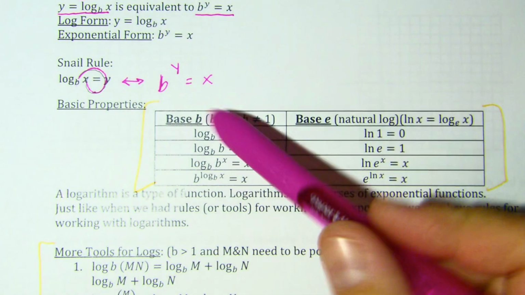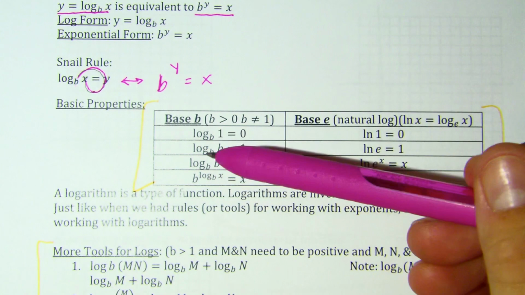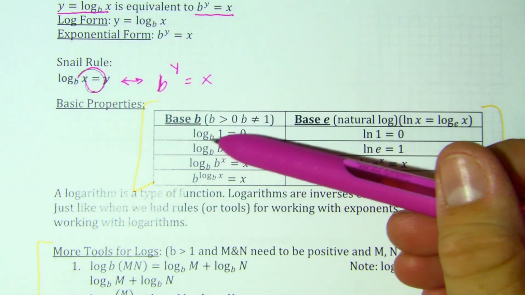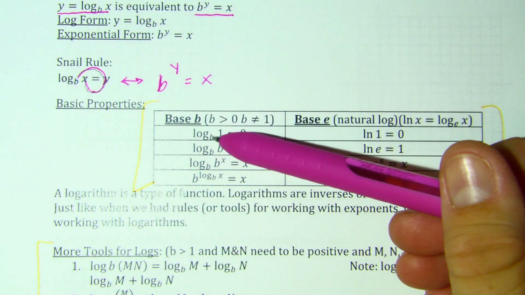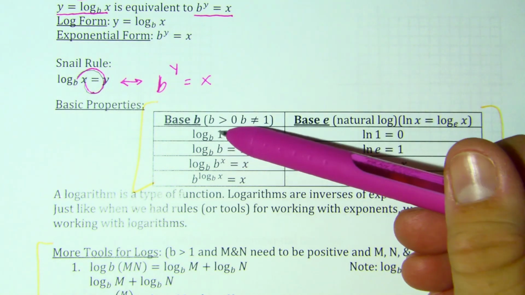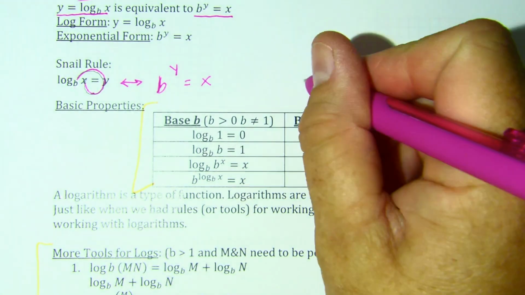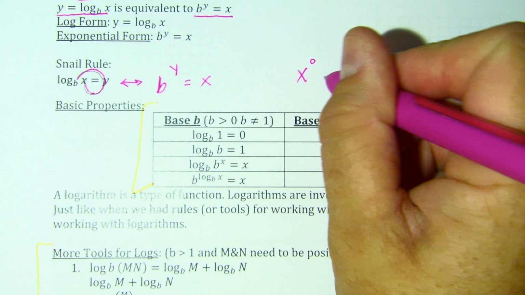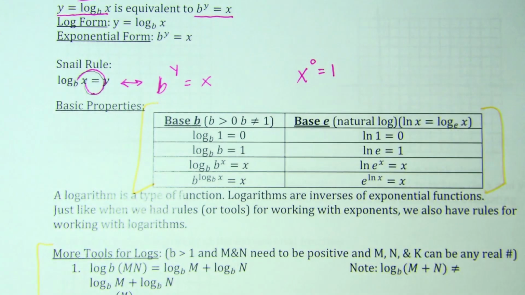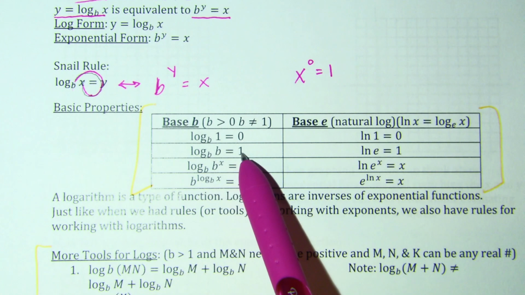Now this next part here, we have all of our rules for logarithms. If I have log base b of 1, regardless of what my base is, if my base is 5, 10, 7, doesn't matter, if I'm taking the log of 1, that's equal to 0. That's kind of like our exponential rules, where if I have x to the power of 0, that's equal to 1. It's the similar version of that for logarithms. Now, if I have log base b of b, if these two numbers are the same, then that's equal to 1.